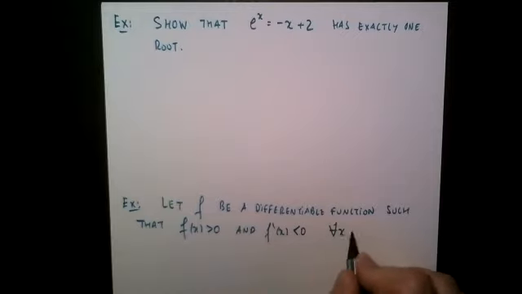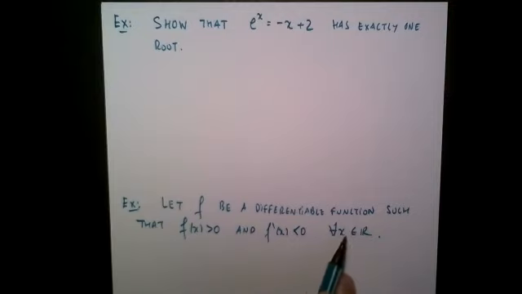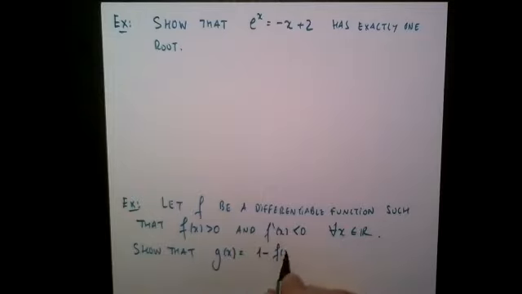Okay, for all x in R. Okay, so for all real numbers, for all x in the real numbers. Show that the new function g of x, which is 1 minus f of x over 1 plus f of x, is increasing.